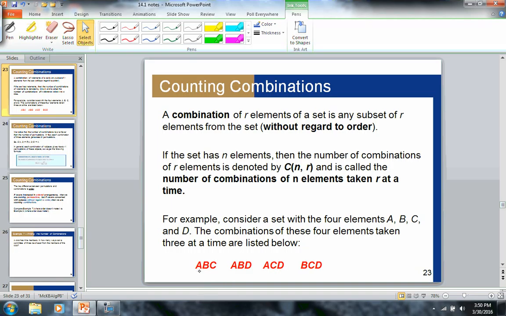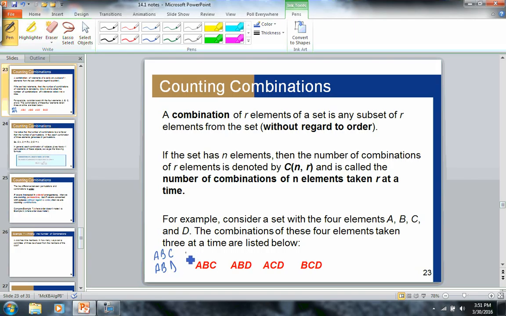And then we could also have ABD. Notice that they're not listing ACB. So if we wanted to list them all out, like we had before, if our first choice was A, my second choice could be B, and then I could have C. Or if I did A, B, D, that would be an option.